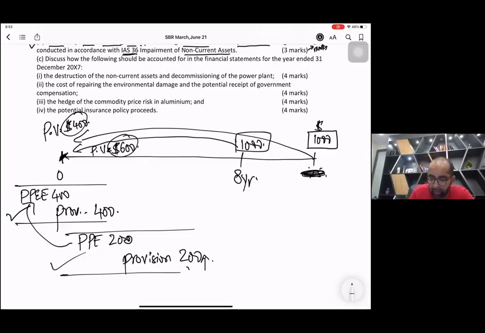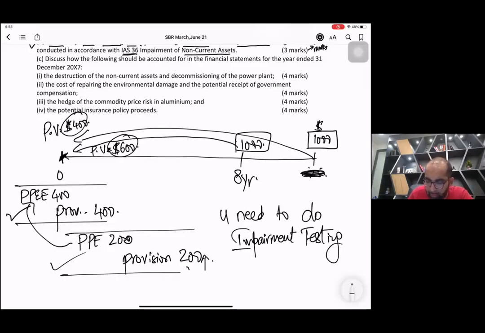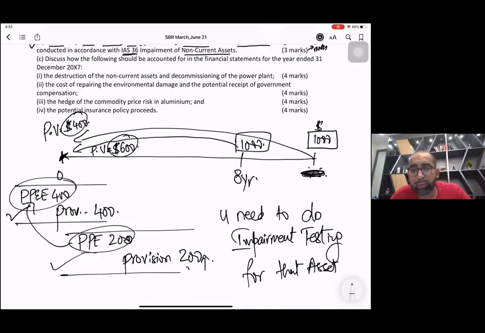So now, yes, you need to do impairment testing for that asset. Only the PPE assets. We do impairment testing for assets. So this is the treatment.